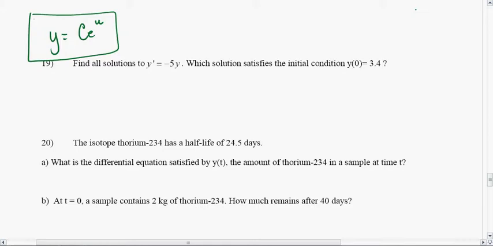So if you're asked to solve a differential equation, the technique that you learned for separation of variables was to get all of the y terms on one side of an equation. So all the y's, all the dy's on one side, all the x's, all the dx's on the other side of the equation.